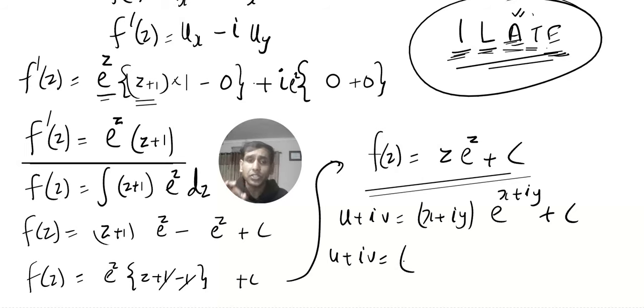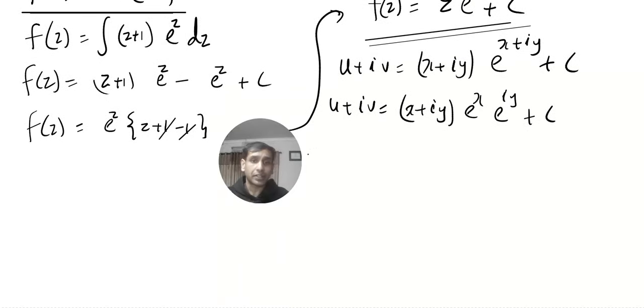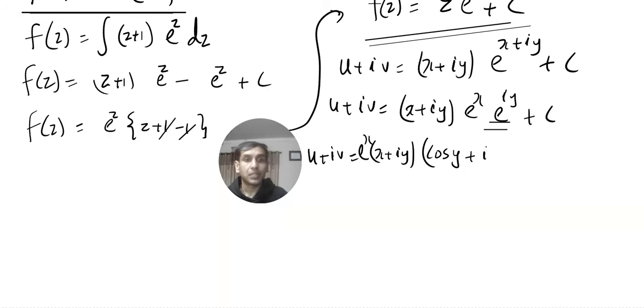This is an extra important problem. So e power x multiplied by e power iy plus c. What is e power i theta? By now you will be really good with these things. So we get x plus iy, and I keep e power x over here, and e power i theta is cos theta plus i sin theta.